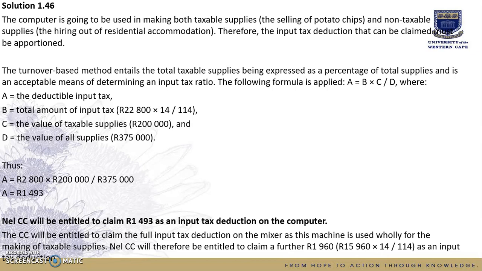Total value of taxable supplies was 200,000, because that is the amount of supplies made from manufacturing the potato chips, and the value of all supplies is going to be the taxable supplies and the exempt supplies put together. So we will be able to calculate a percentage. And it's maybe easier if you use 200 over 375, calculate a percentage, and then multiply that by the amount of input tax that they are able to claim. Alright.